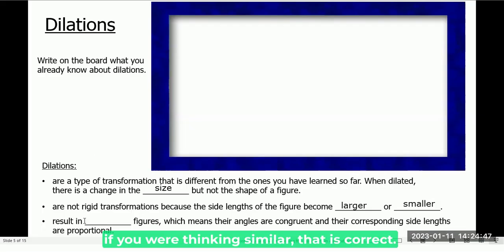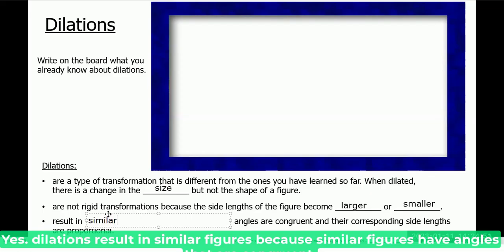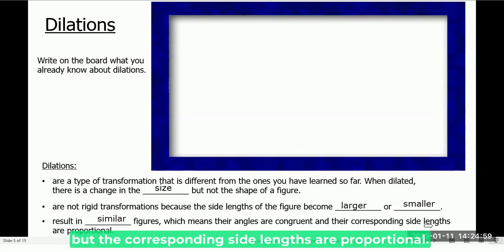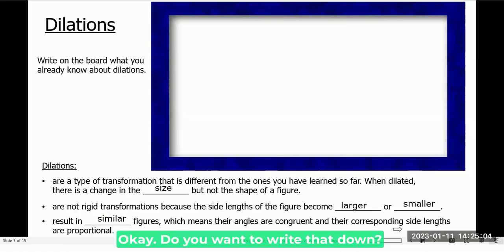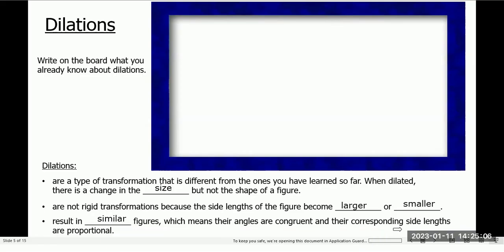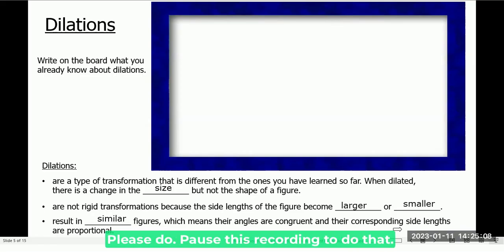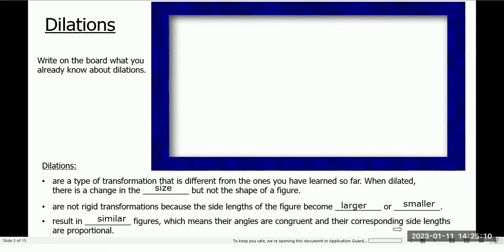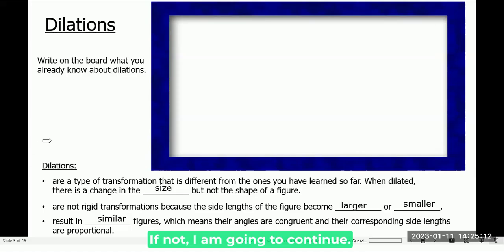If you were thinking similar, that is correct. Yes, dilations result in similar figures because similar figures have angles that are congruent, but the corresponding side lengths are proportional. If you want to write that down, please do pause this recording to do that. If not, I am going to continue.